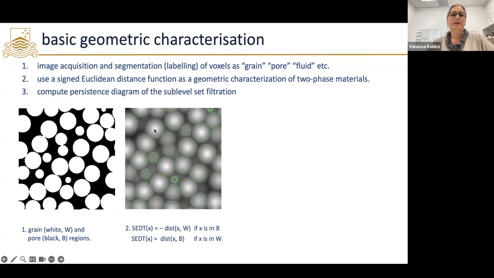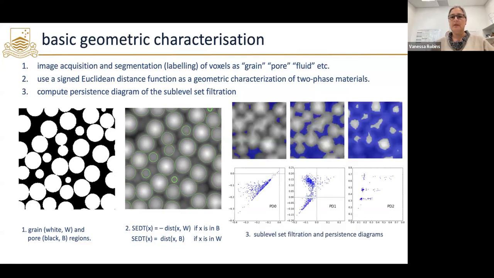And if I'm in a white voxel, I'm going to have the positive distance. So that's what these signed Euclidean distance functions are. And that gives a really nice function that characterizes the geometry of the pore space in the negative parameter regime, and it characterizes the grain phase in the positive parameter regime.